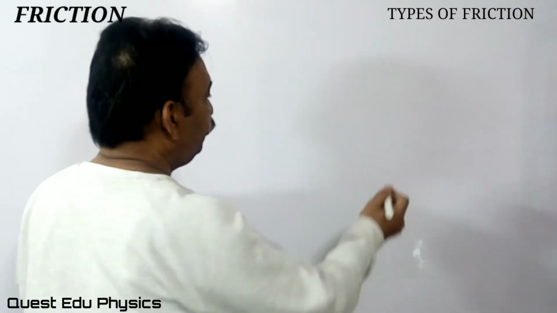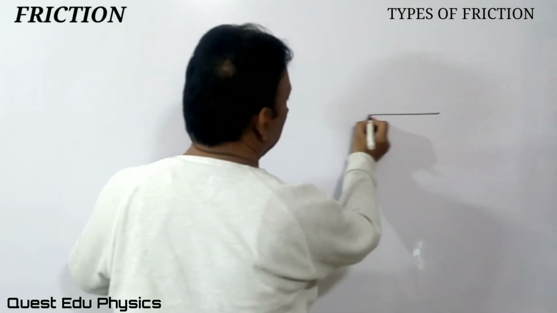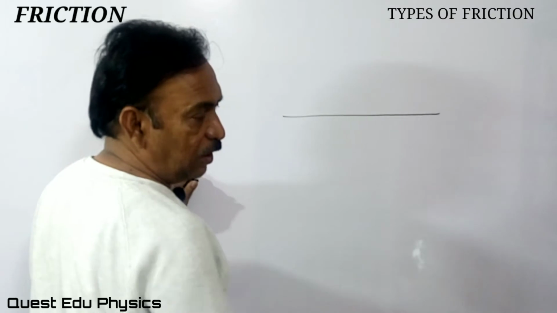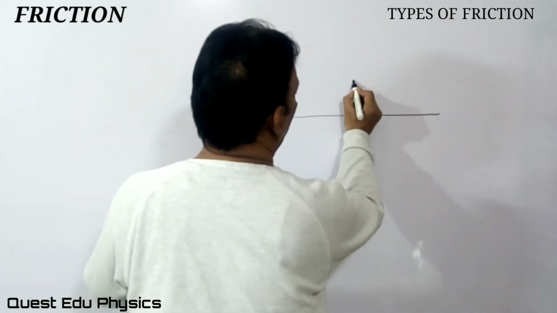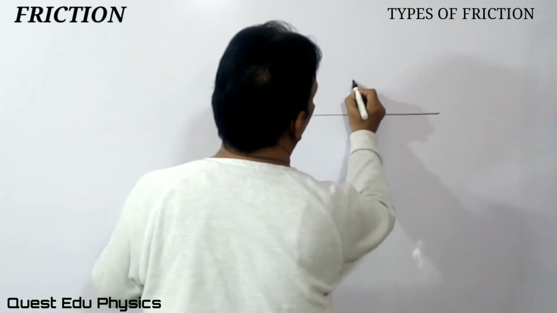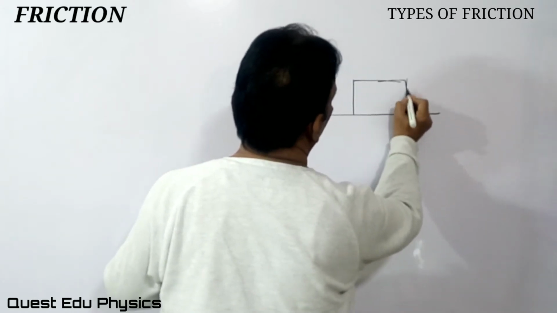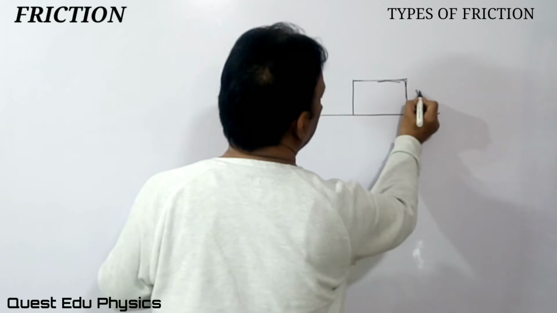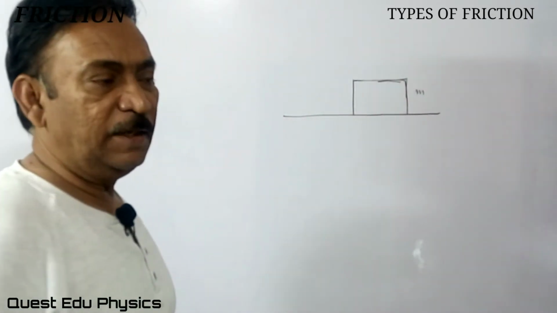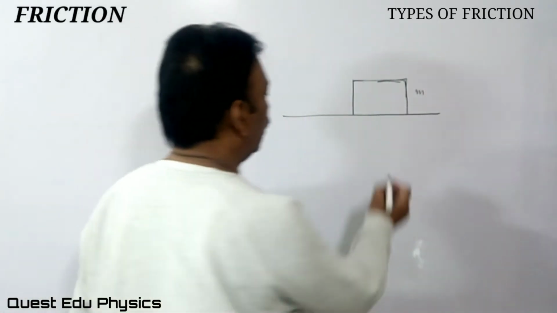Let's say it's a surface with friction, that means a rough surface. We kept a body over it, and let it have a mass of m. Let's see how many forces are acting on this body.